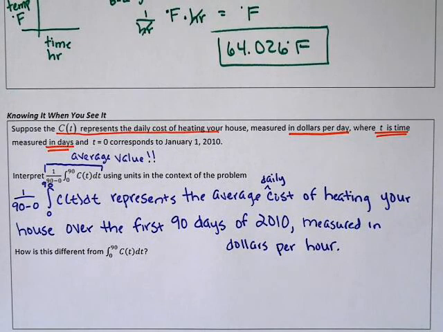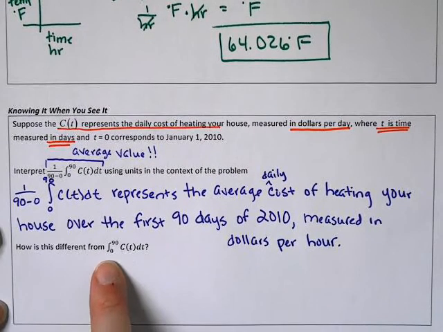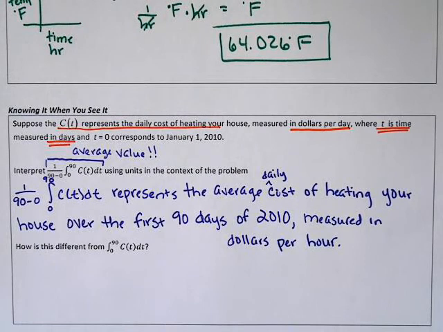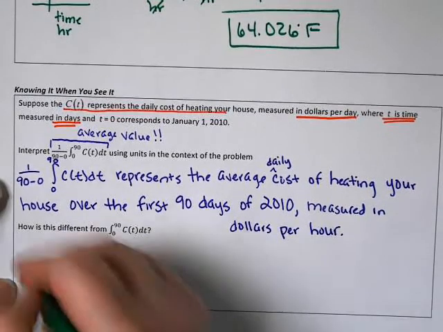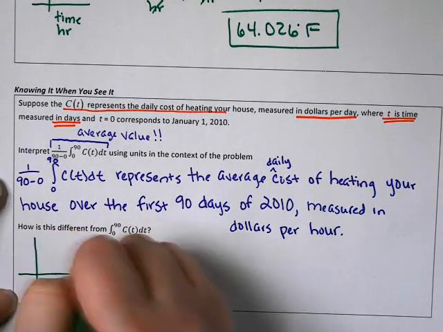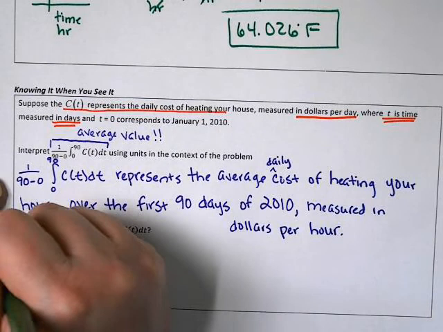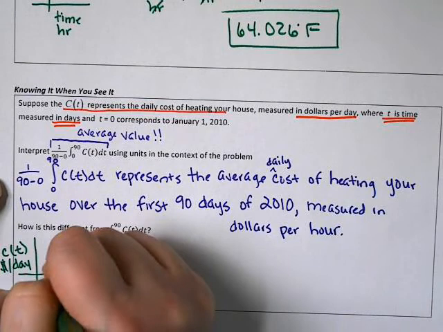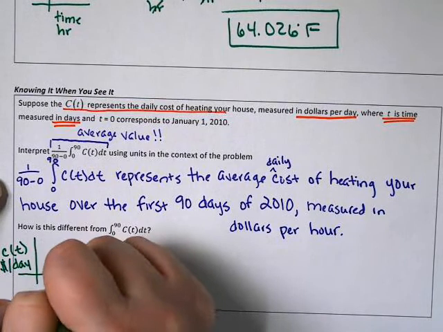Okay? The very last thing we're going to talk about here is how is this different then from the integral from 0 to 90 of C of t dt? Well, we know that the integral means finding the area. So if we think about this function, we're given C of t, which is measured in dollars per day. And then we're given time, which is measured in days.